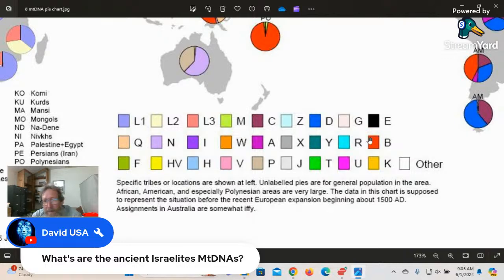I mean, that becomes Middle Eastern Semitic of the Jewish population. And turns out all the way into Europe, 95% of Europe is H, V, P, J, T, U, and K in Europe. But that's the way it is.